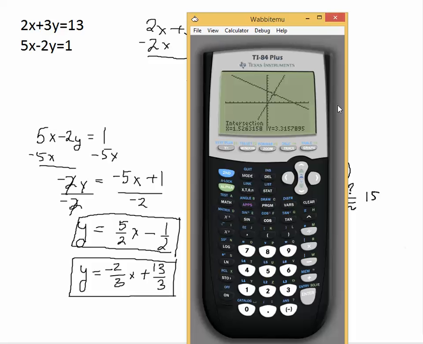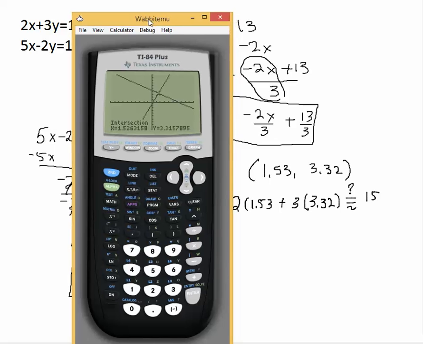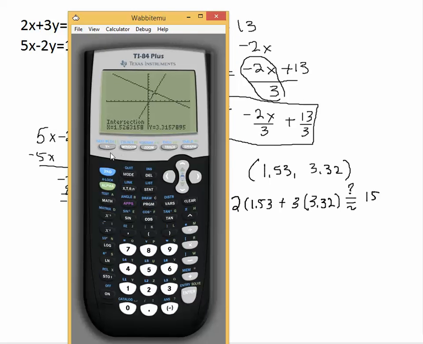So I'll just bring the calculator back, slide it over here, and second and mode takes us out of that, and I have 2 times 1.53 plus 3 times 3.32. Oops, missed the decimal there, 3.32.